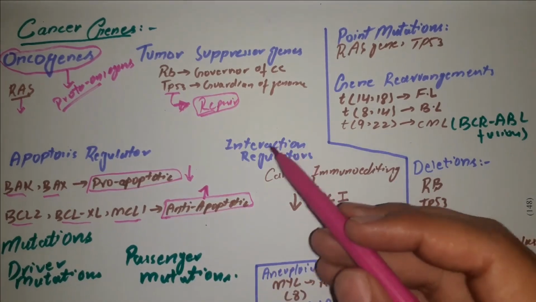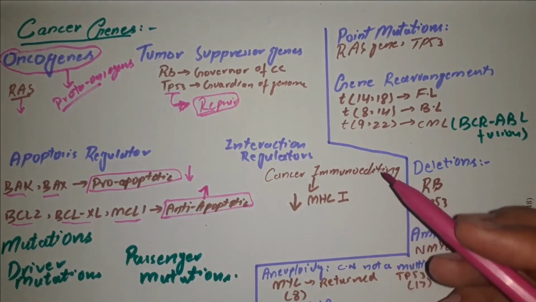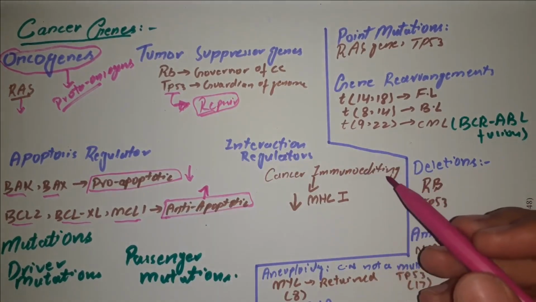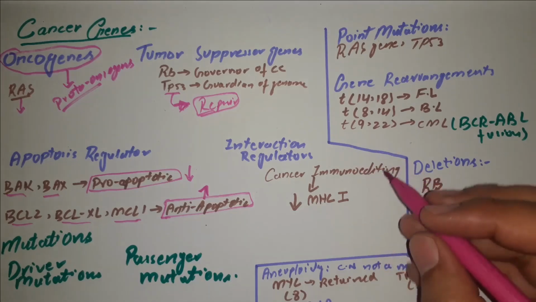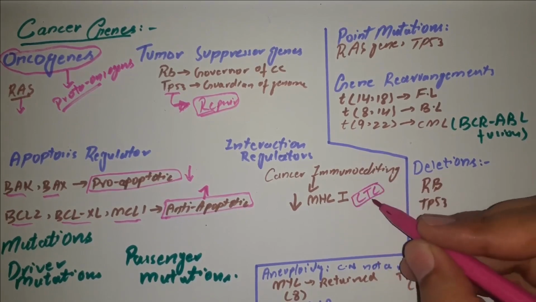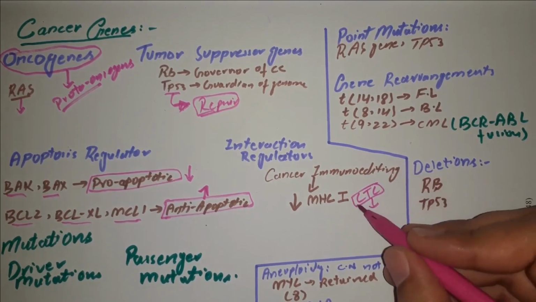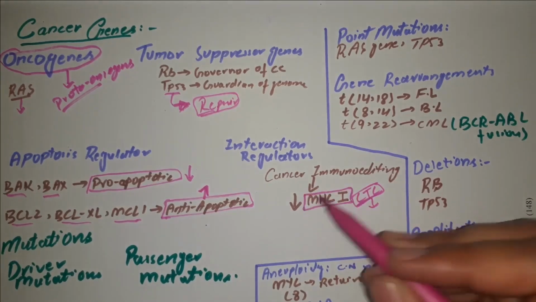Next are the genes which control the interaction of the cancer cell with other cells. We know that in our body, the immune system targets abnormal cells. So if there is some tumor cell, a cytotoxic T cell identifies that cell and leads to its destruction. However, the cytotoxic T cell functions by identifying the MHC1 protein on the tumor cell.